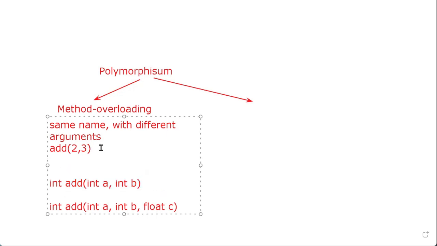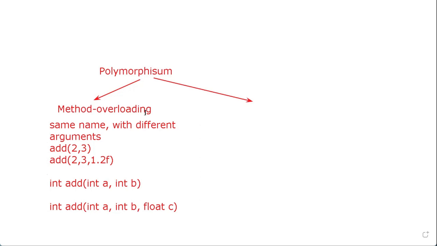And if you pass 2, 3, 1.1f or whatever, then it will know that it has to call this method. So the method name will be the same, but the number of arguments or the data type of the arguments will be different. So this is the concept of method overloading.